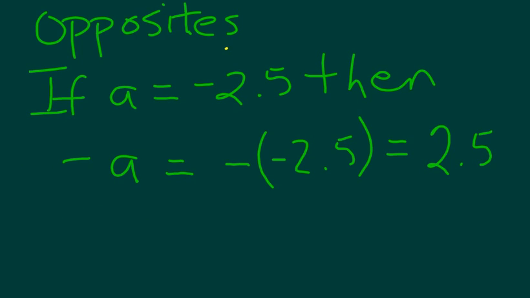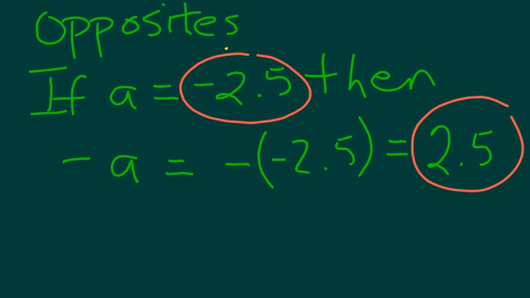That would equal the negative of negative 2.5, which is 2.5. So it's really saying the same thing. It's saying this and this are opposites. But the way they're saying it is sort of a different kind of way you're not used to with algebra. That's saying if A is this, then negative A is this.